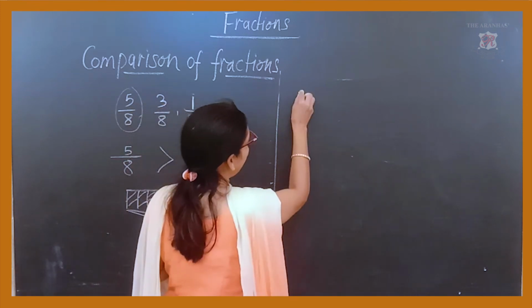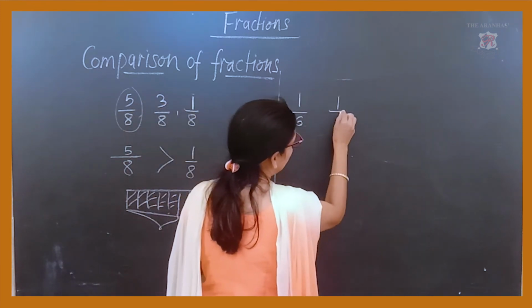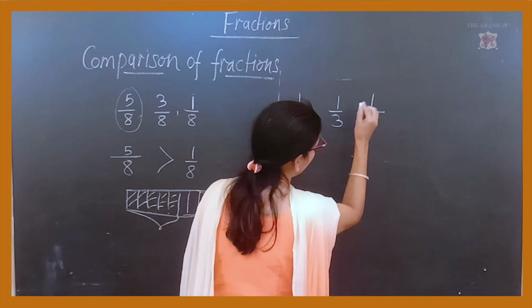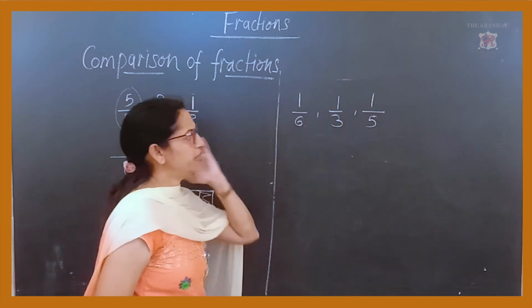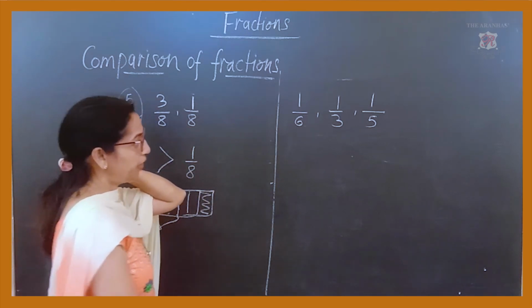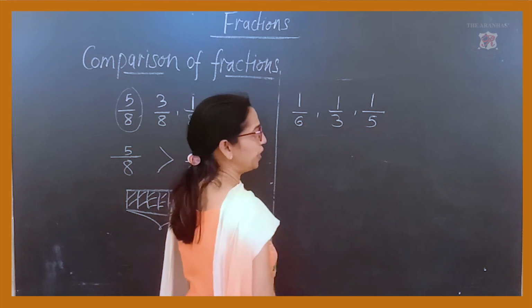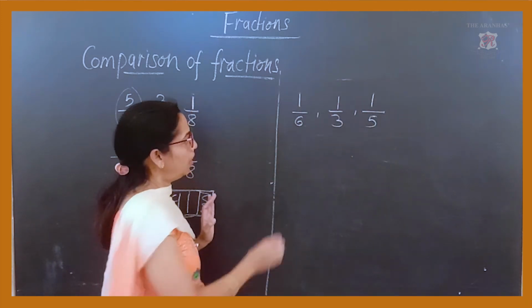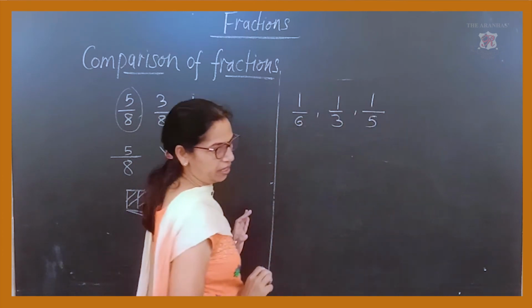Suppose there we have another example. Such a case is there. These are the unit fractions where denominators are different but the numerators are same, and everywhere 1 is there.